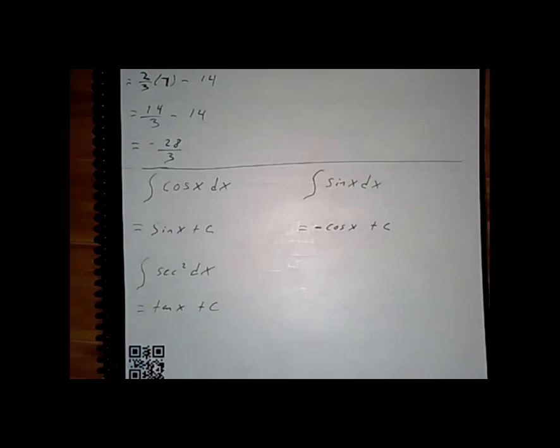Does that make sense? Or no? Yes, sir. All right, so that's pretty much it for 5.4. You guys have any questions on the fundamental theorem? Do you see how it works?